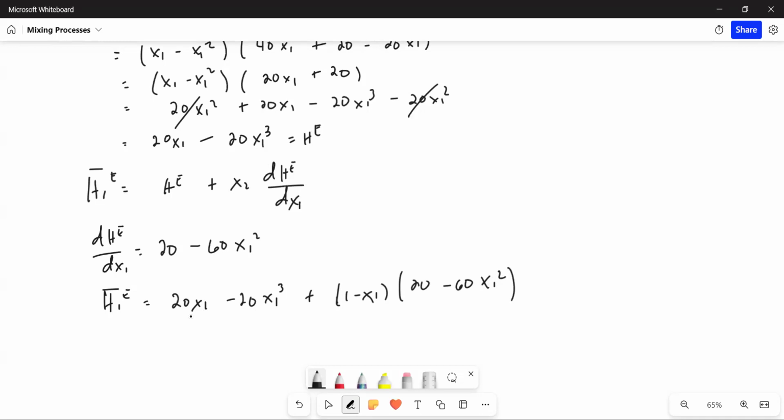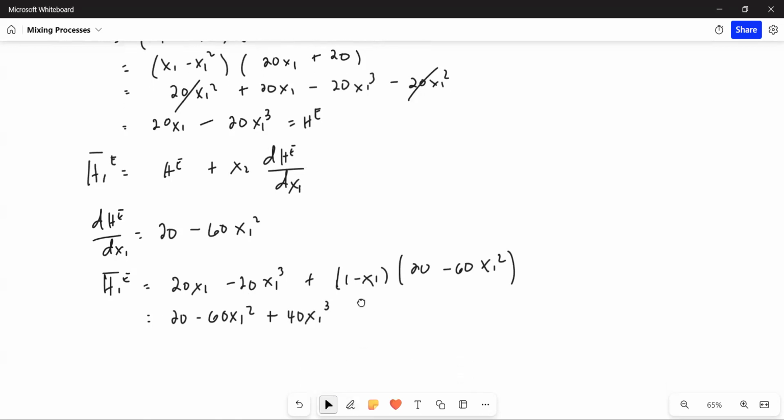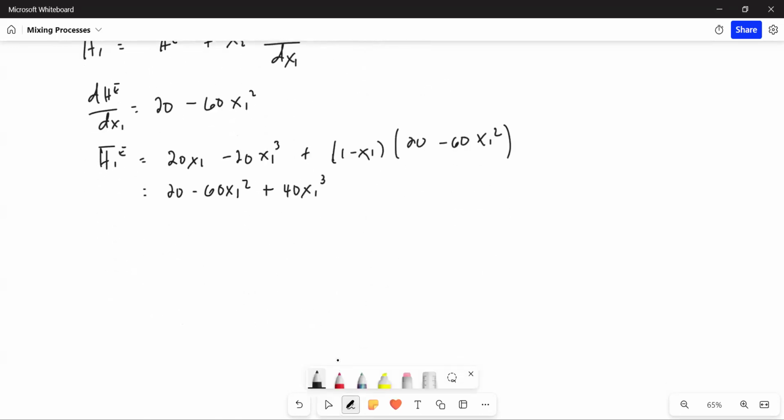Expanding and simplifying, I leave it up to you to do the intermediate steps. Our final equation is 20 x1 squared plus 40 x1 cubed. So this is our answer for the first requirement.